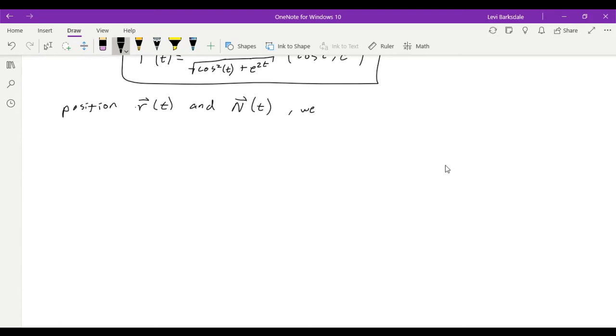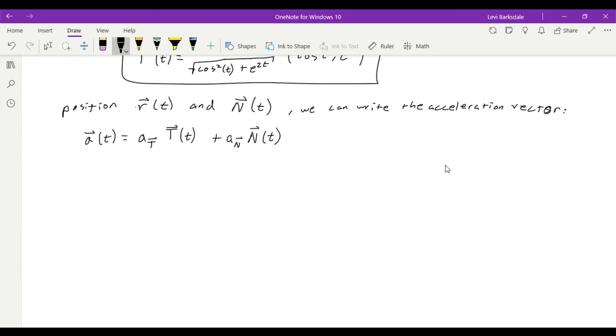Well, then we can write the acceleration vector as follows. The acceleration vector would then be equal to some tangential velocity times the unit tangent plus the normal velocity times the unit normal.